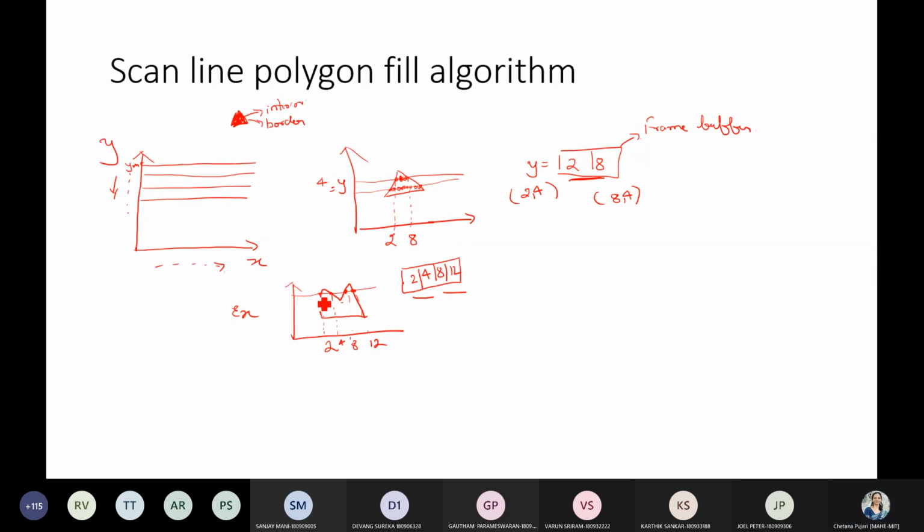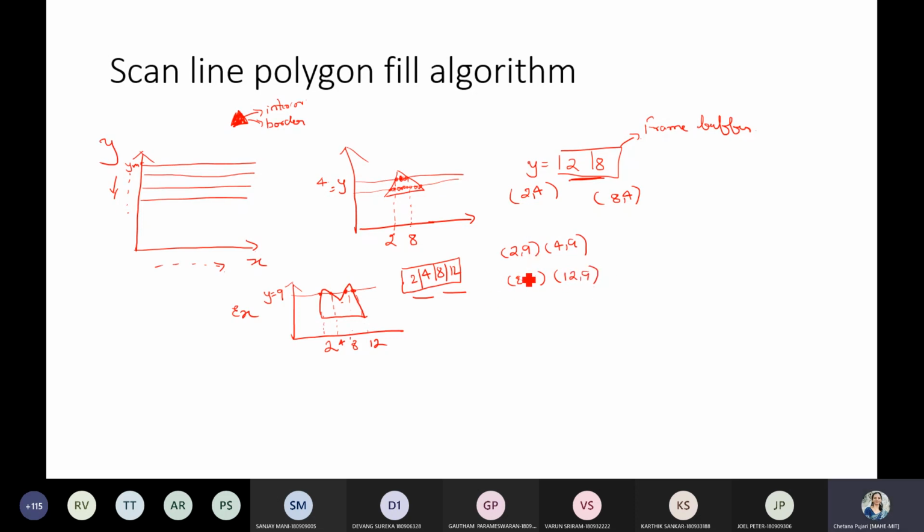So between 2 and 4, here we have 2 pairs. Again, if I'm considering a y value, say for example y value is 9, it will be 2, 9, 4, 9. So this is one pair. Then you will have 8, 9, right? And 12, 9. So this is my second pair.